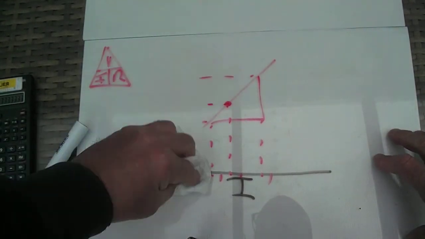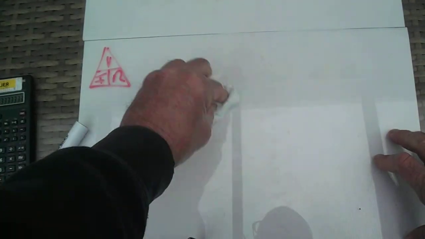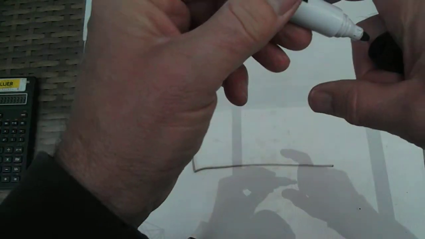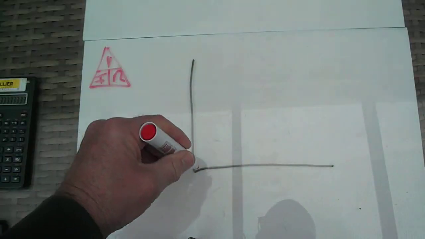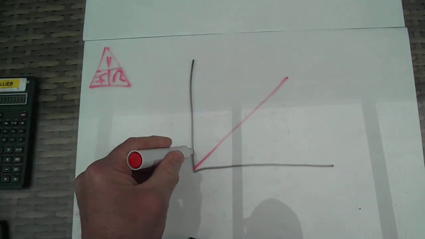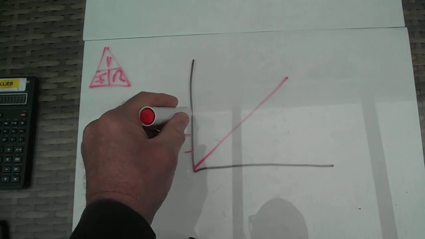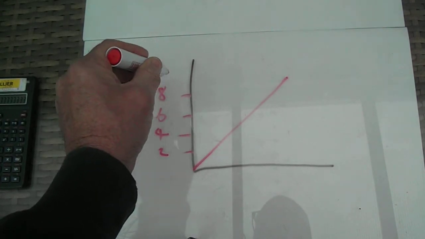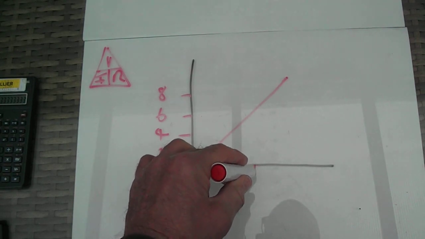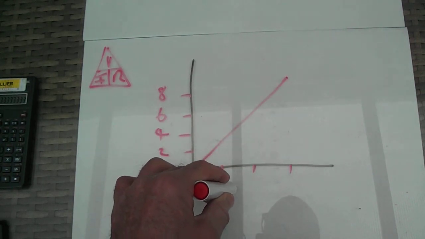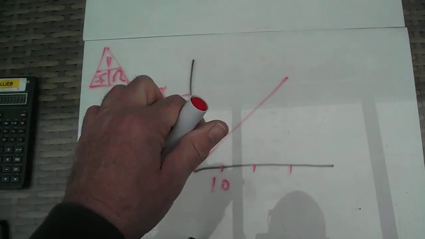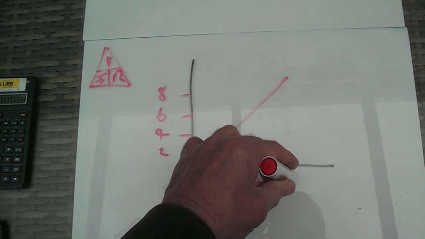Let's try another one. Well, I've still got a minute left on the video. There's a quick one there. There's the line. That could be 2 volts, 4 volts, 6 volts, 8 volts. That could be 10 milliamps, 20 milliamps, 30 milliamps.